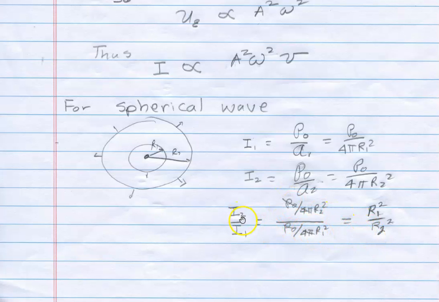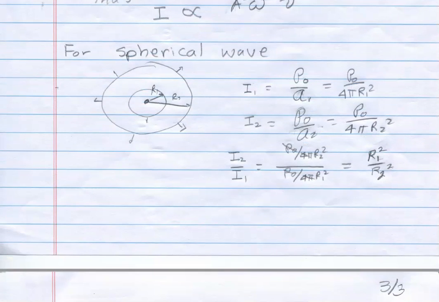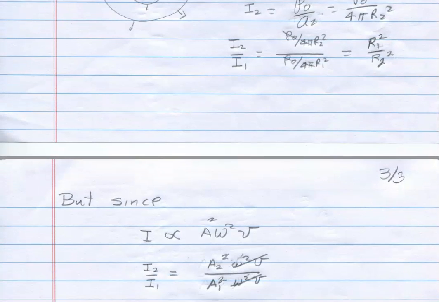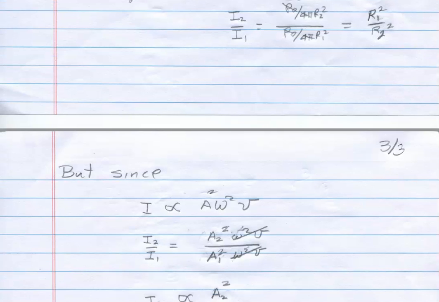And what you find is that I2 is inversely proportional to the radius squared, the distance squared. So intensity falls off as 1 over the distance from the light source squared. It satisfies a 1 over r squared relationship.